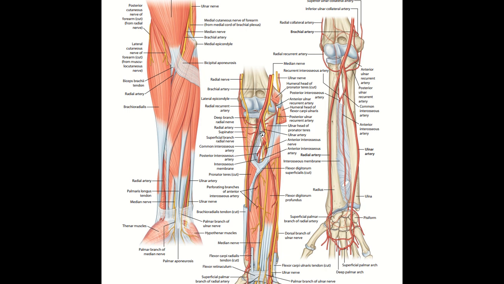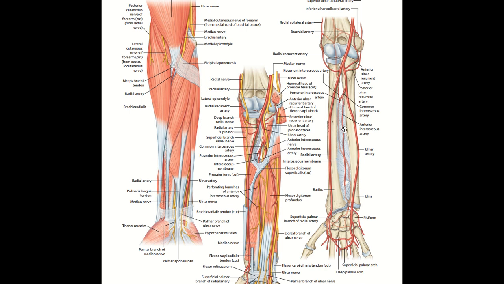The ulnar artery is very important because some of its branches take part in the elbow anastomosis. It gives the first branch, your common interosseous artery, right here. The common interosseous artery will give three branches.